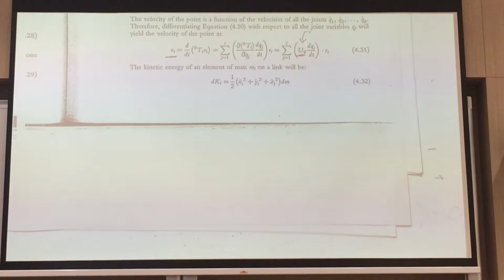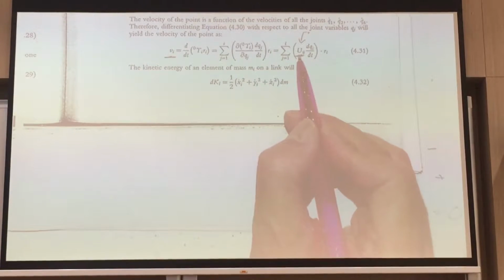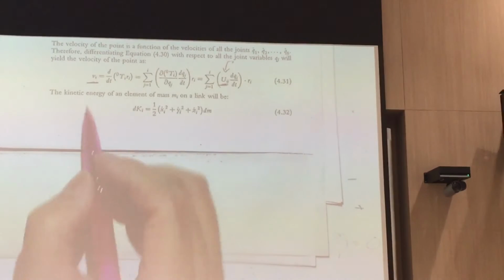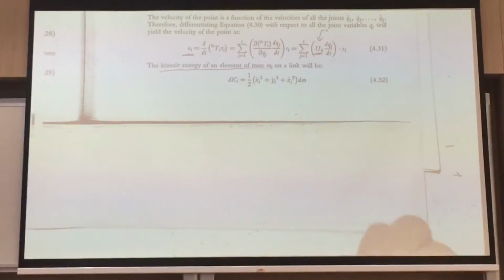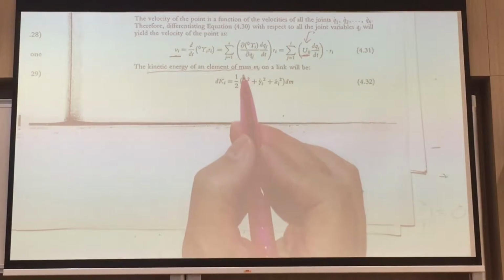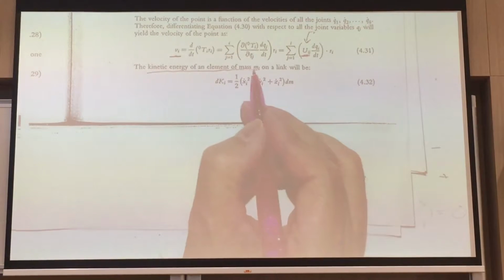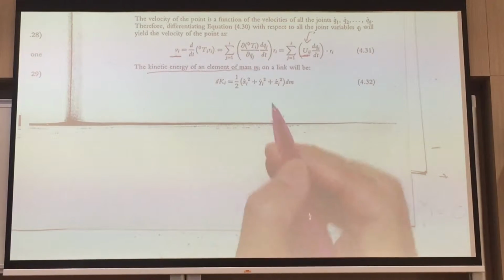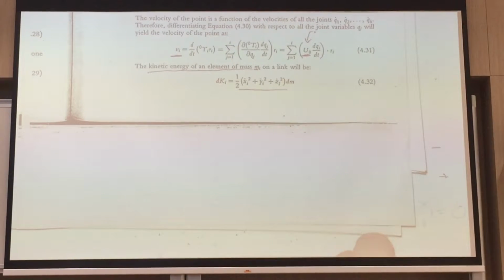And bear in mind, this is only for a particular point in the link. So if you want to find the kinetic energy of one element of mass mi, now the mass will come in. Kinetic energy is about mass and about velocity. So with respect to the mass, it is equal to this term here.